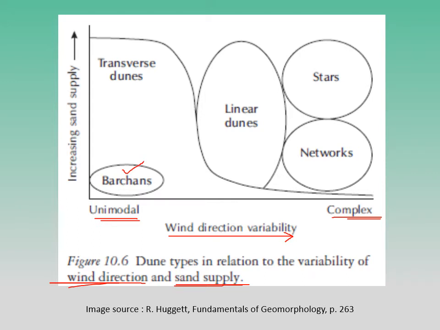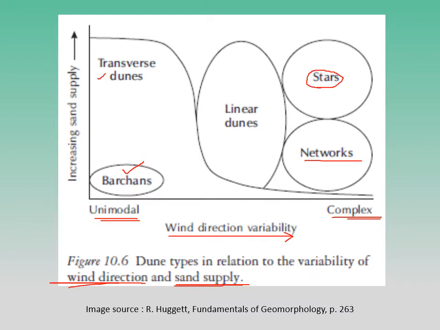With more complex wind direction, that means wind will flow from various directions, and a lower amount of sand supply, a network of dunes is formed. With higher sand supply and various wind blow directions, star dunes are formed, and with moderate sand supply and moderate variation of wind direction, linear dunes are formed.